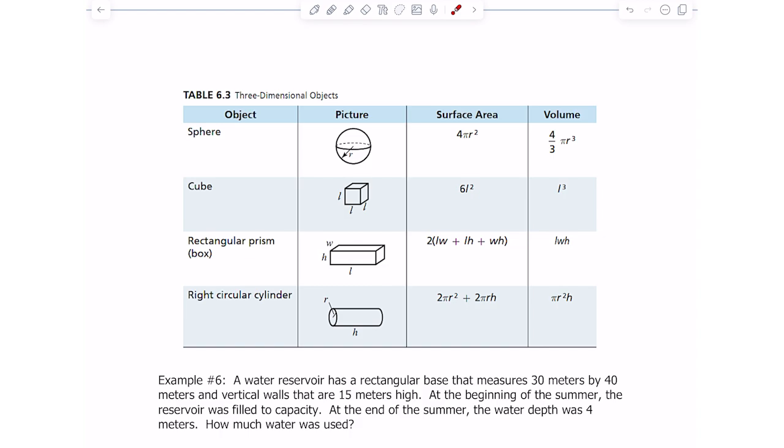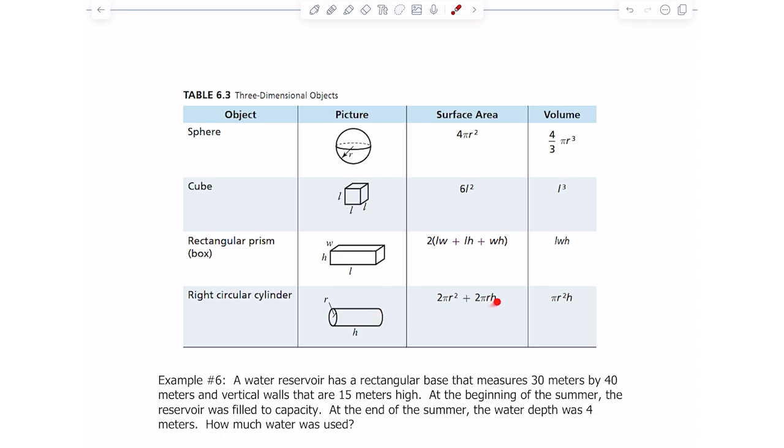And then here we have a right circular cylinder, and the formula for the surface area is 2 times pi times radius squared plus 2 times pi times radius times the height. Again, you've got a circle here and there's a circle there. Think of like a can. And how do we find the area of a circle? Pi r squared, and there's 2 of them.